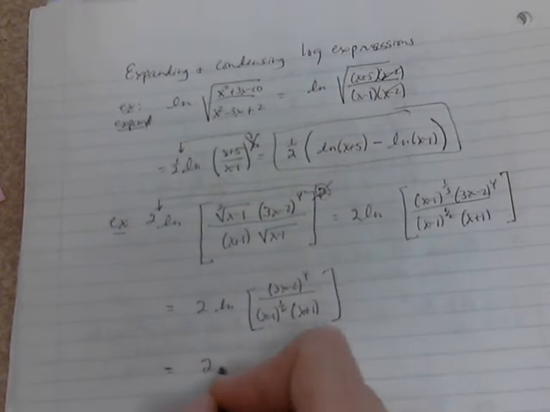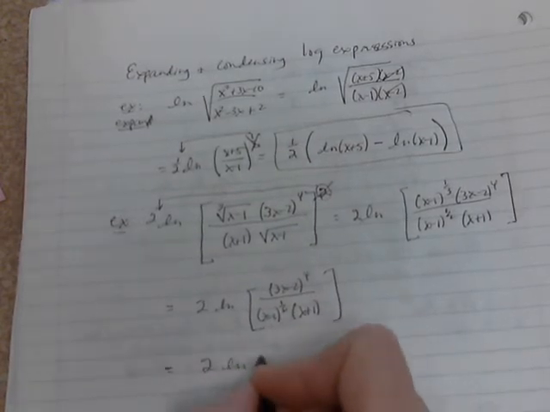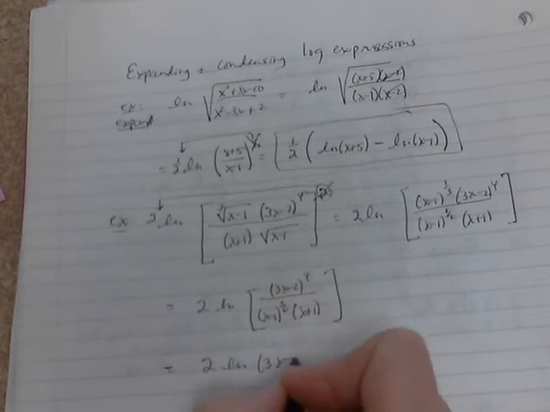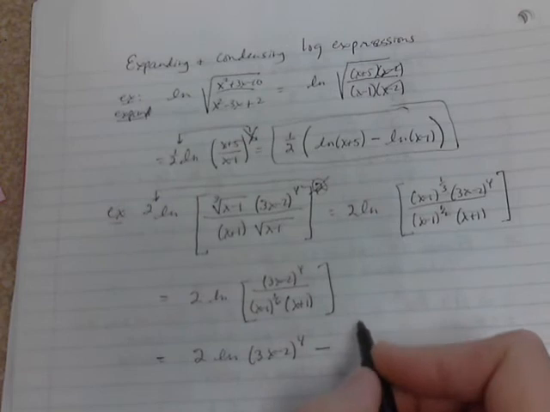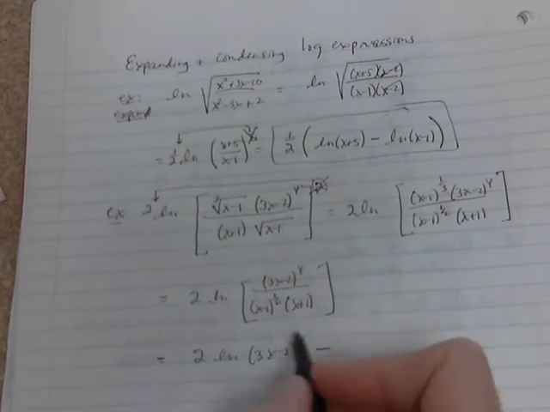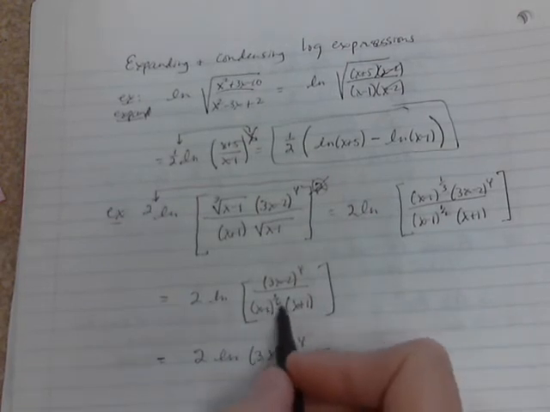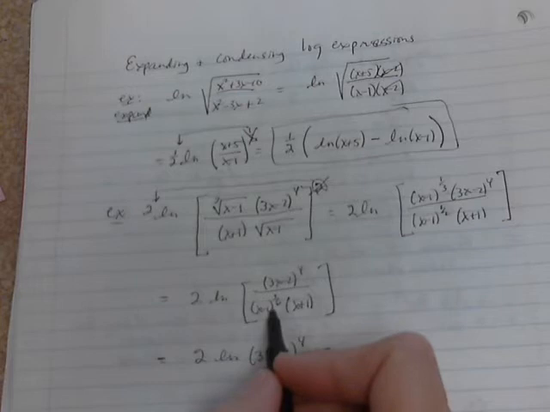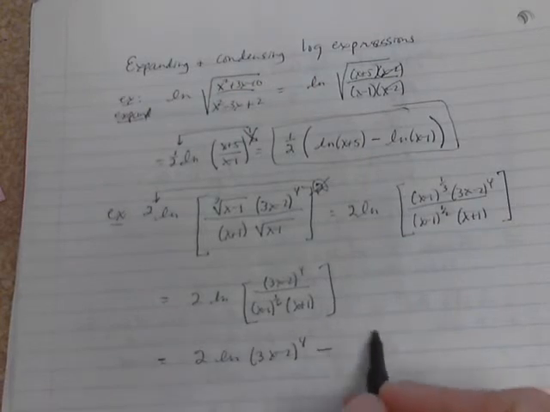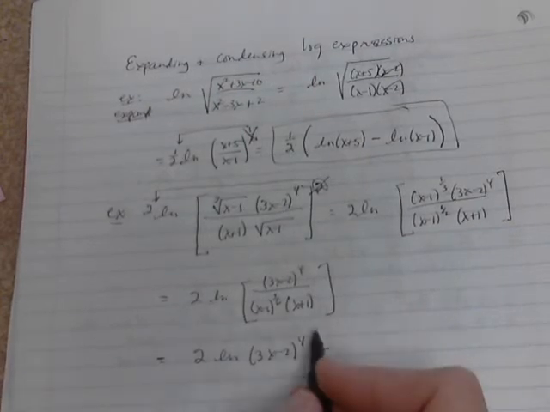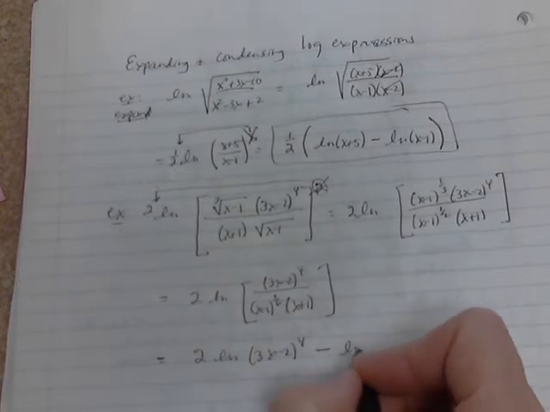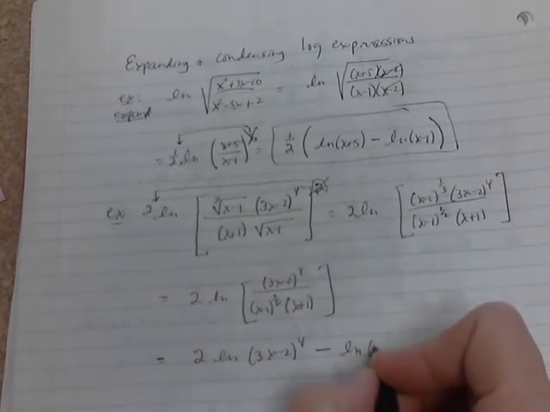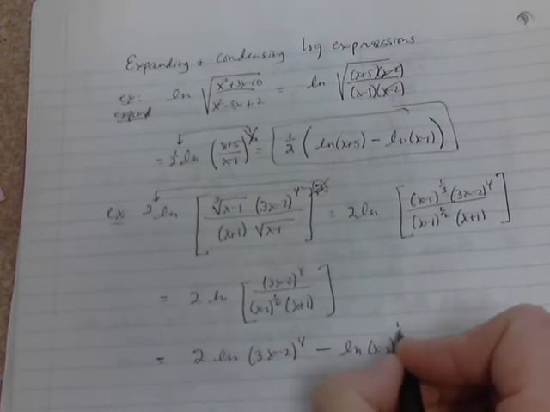So this becomes 2 times the natural log of 3x minus 2 raised to the 4th power, and you're going to subtract from that, and what you can do is open up parentheses and have the sum of those two logarithms. This minus sign is going to distribute through these two terms, so all I'm going to do is take the natural log of x minus 1 to the 1/6 power.